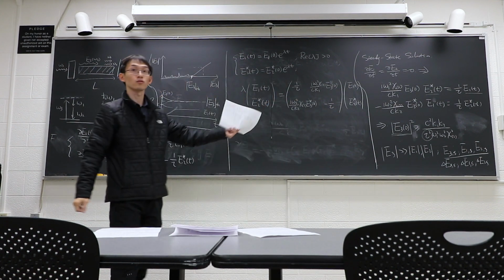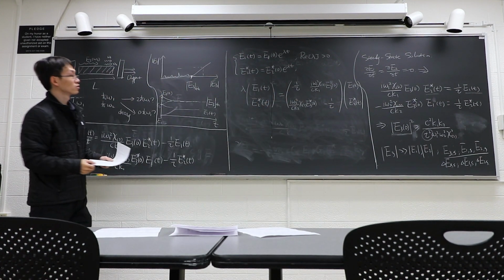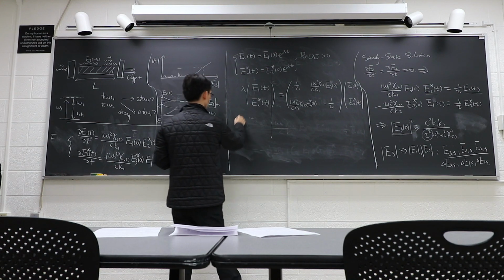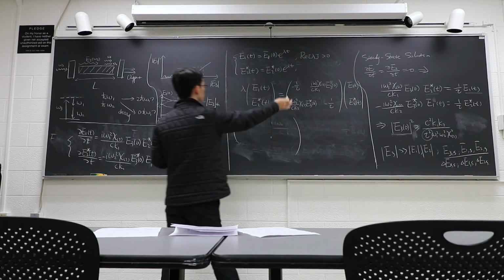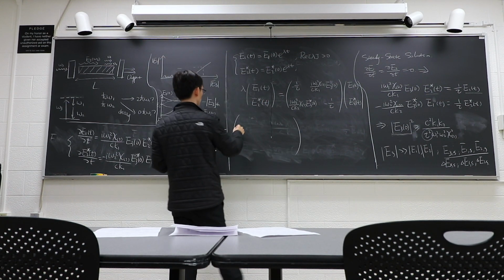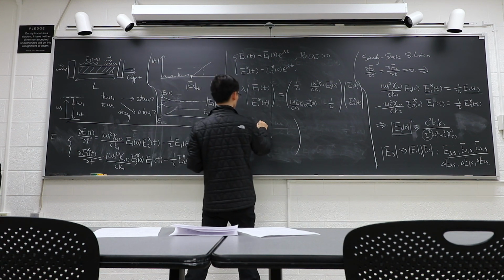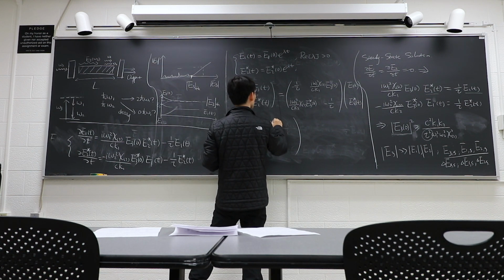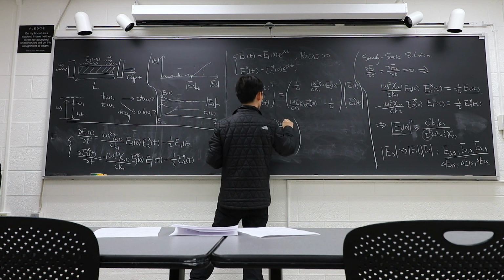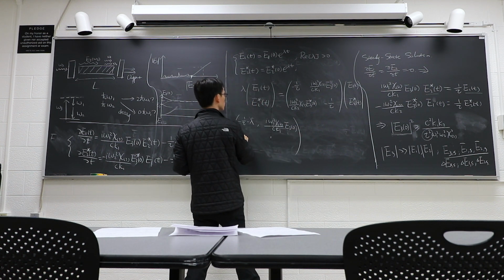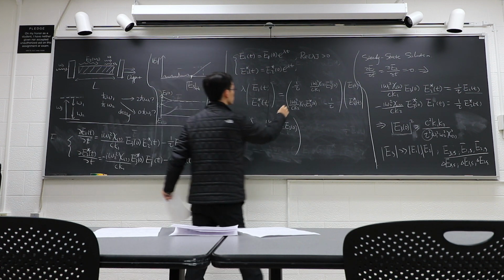Okay, you get this equation. So you can actually move the left-hand side and right-hand side, and you arrive at something like this. Then i omega 1. Missing a minus sign here, yes.